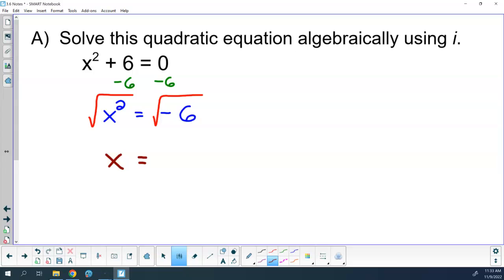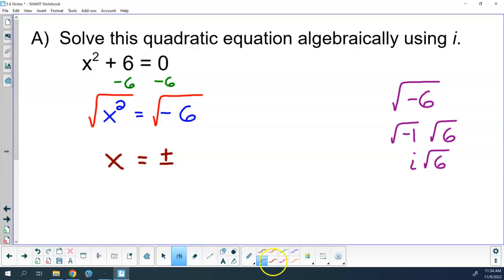Because we're solving, the first thing we've got to do is plus or minus. And then over here, the square root of negative 6 would be the square root of negative 1 times the square root of 6. So that would just be i square root of 6, correct?